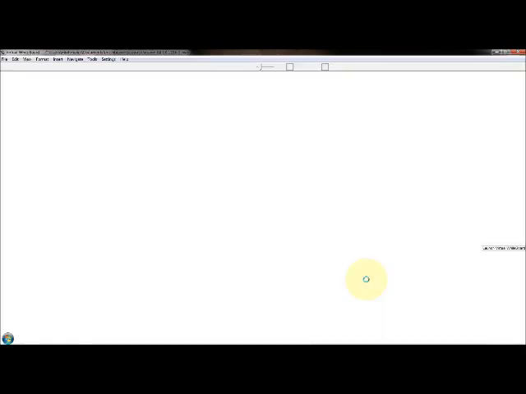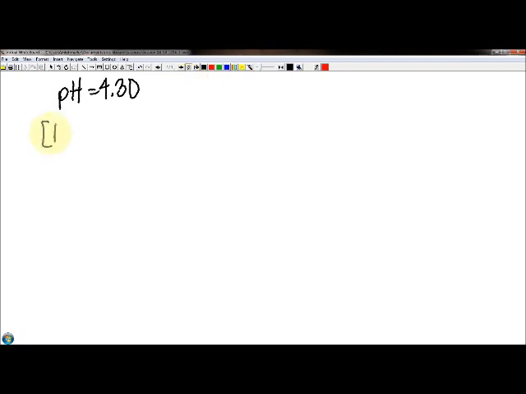Before we get started, we're going to go ahead and figure out if we have a pH of 4.30, what is the concentration of the H plus here? And the reason why we're doing this is because of our rearranged expression. The H plus is equal to the Ka times the acid concentration over the conjugate base concentration.